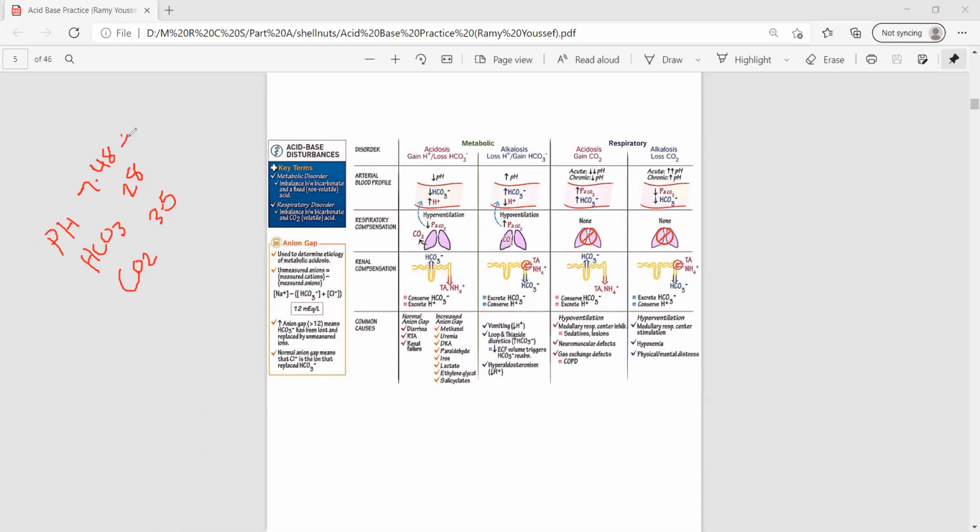What is this pH? pH is high. Alkalotic. Let's talk: normal, alkalotic, acidotic. pH is alkalotic. HCO3 is metabolic.